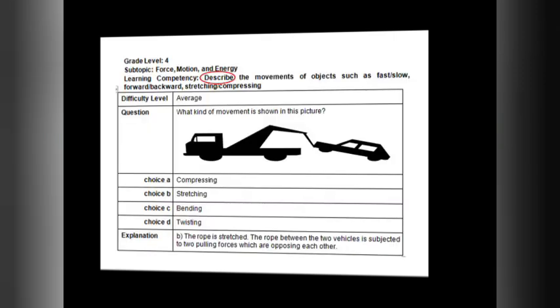This one is an average question because it requires students to just demonstrate a comprehension and to classify the example being shown. However, we would notice that seemingly this type of test is not suitable for the learning competency.